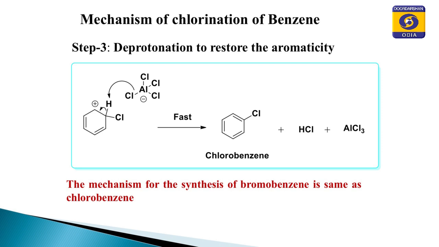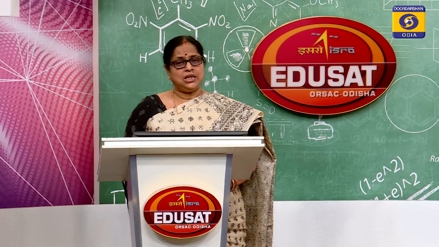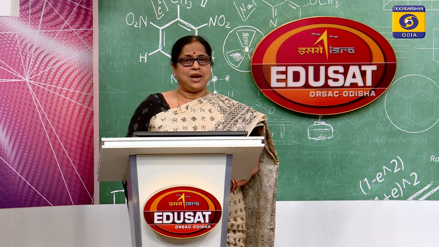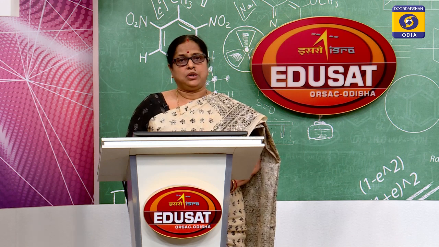So, the arenium ion, which is stabilized by resonance, immediately loses the proton when it comes in contact with the nucleophile, that is aluminum tetrachloride, and produces chlorobenzene. In addition to that, the other byproducts are hydrogen chloride and aluminum trichloride.